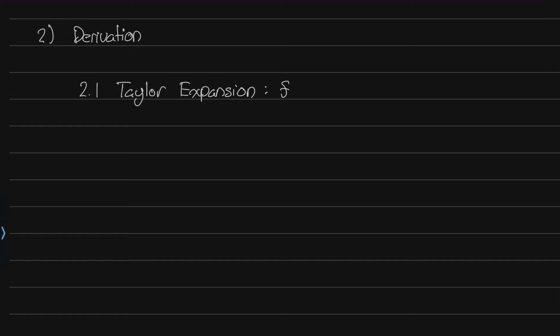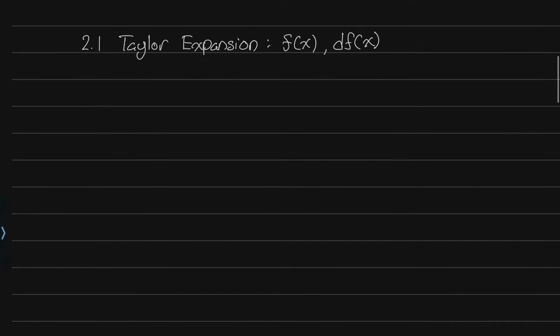Specifically to approximate a function f of x, and I'll also show how it can be used to approximate the differential of a function df of x. And I'll also explain why this is useful in our derivation.